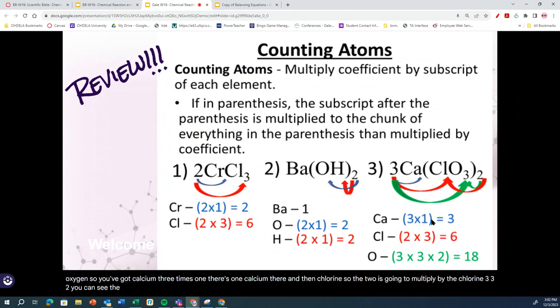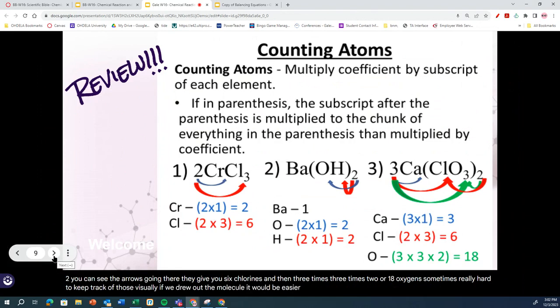You can see the arrows going there. That gives you 6 chlorines. And then 3 times 3 times 2 is 18 oxygens. Sometimes really hard to keep track of those. Visually, if we drew the molecule, it would be easier to see.